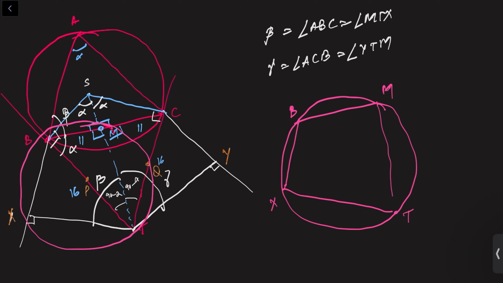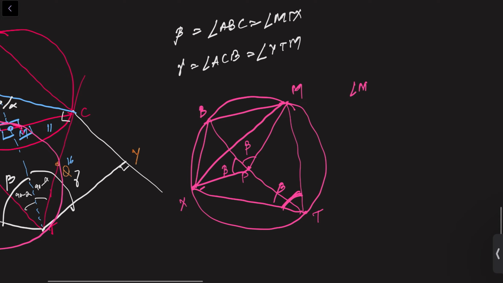So we have something like this. Point P will be the center of this circumcircle. So this we have as beta, and this is also beta, because this MTX is beta, so it will split into two betas if we join this MX as well. So angle MTX is beta, so I can say that angle MPX will also be 2 times beta.